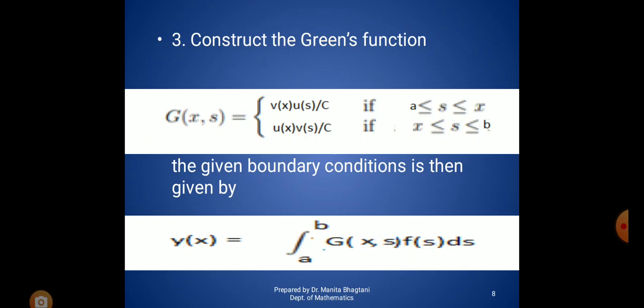G(x,s) equals v(x)u(s)/c if s is greater than or equal to a and less than or equal to x, and second part, u(x)v(s)/c if s is greater than or equal to x and less than or equal to b. The solution of the given boundary value problem is then given by y(x) equals the integral from a to b of g(x,s) f(s) ds.